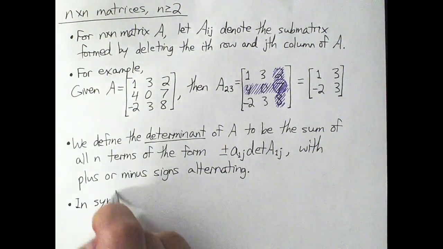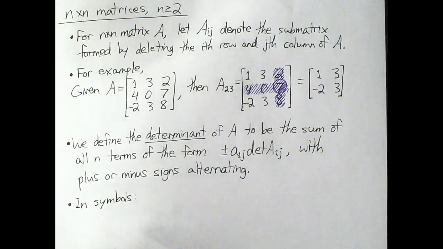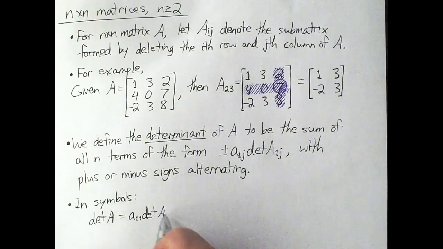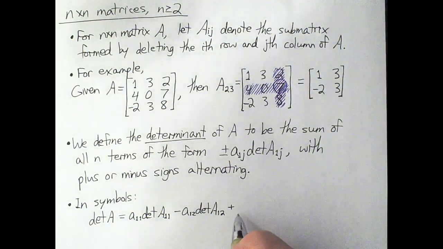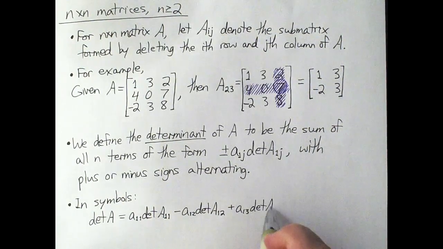Let's also write it in symbols. So in symbols, the determinant of A could be written as A11 determinant A11 minus A12 determinant A12 plus, because we're alternating pluses and minuses, A13 determinant A13.